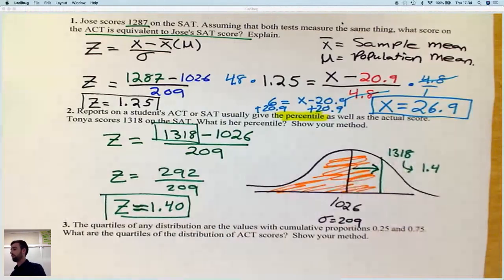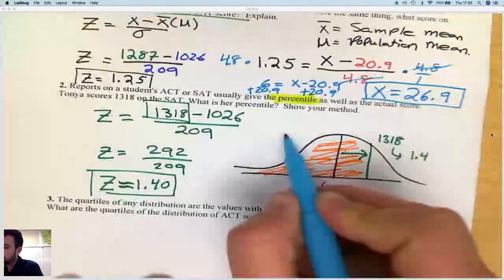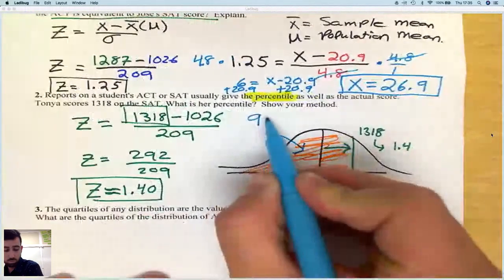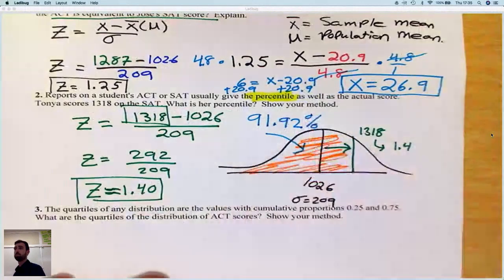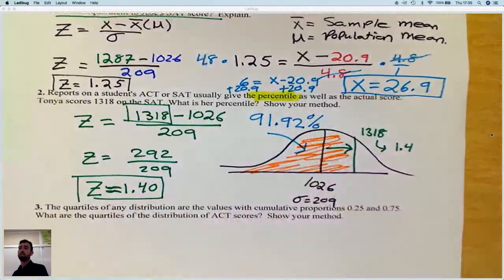So that tells us that if we're looking at this data set, the percent that falls below is 91.92%. So 91.92% of the data falls below Tanya's score.